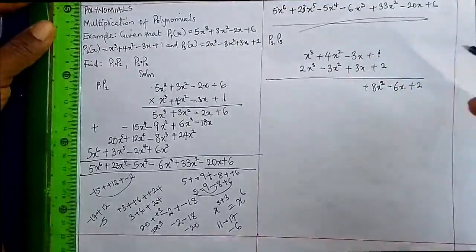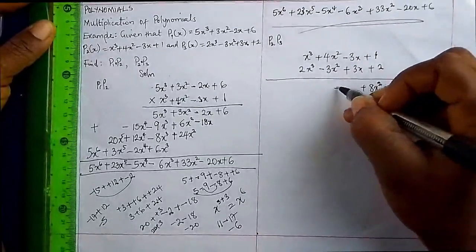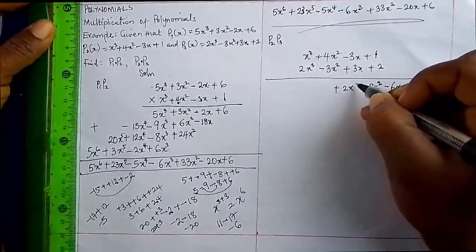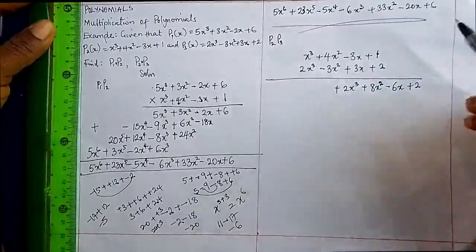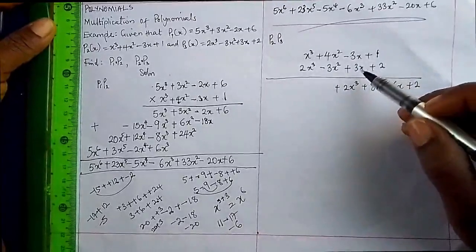Then 2 multiplied by x cubed, that's plus 2x cubed. I told you the plus is not necessary, but since we've put it, let's continue.